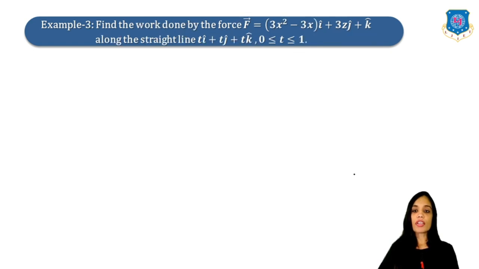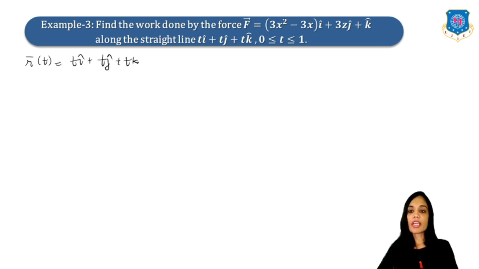Okay. So now let us solve one more example. We have to find the work done by the force field F bar along the straight line t i cap plus t j cap plus t k cap, where the limits of t are from 0 to 1. Again compare this R bar of t, that is t i cap plus t j cap plus t k cap, with R bar of t is equals to x i cap plus y j cap plus z k cap.